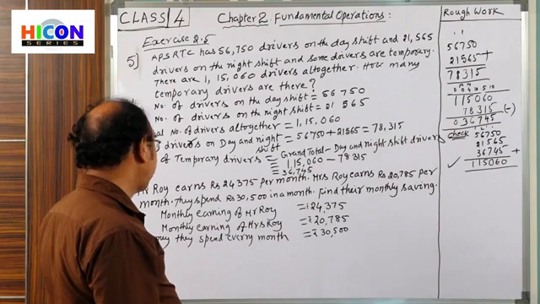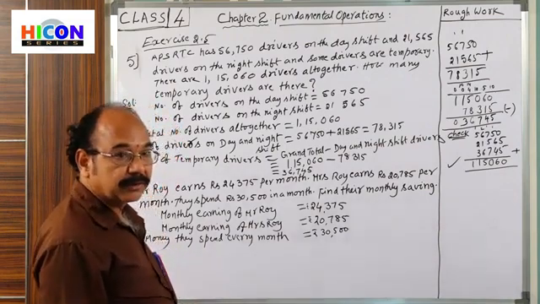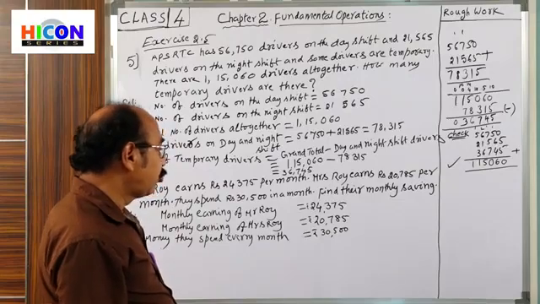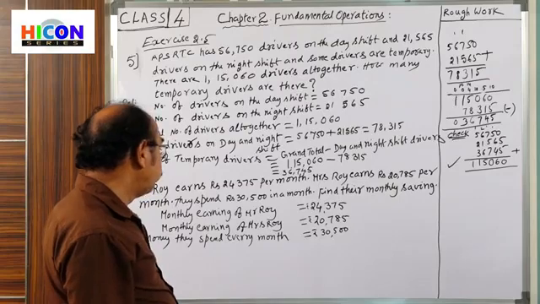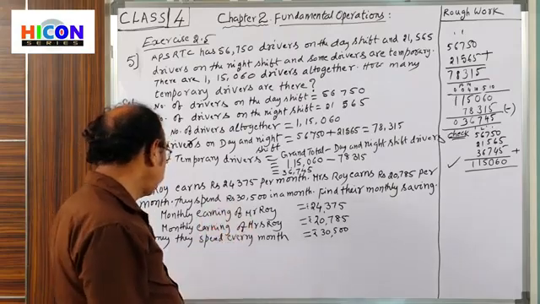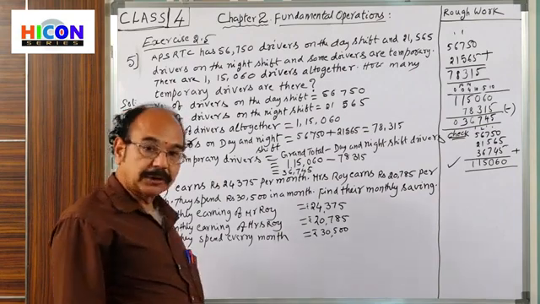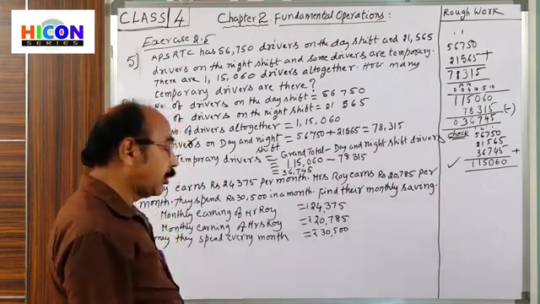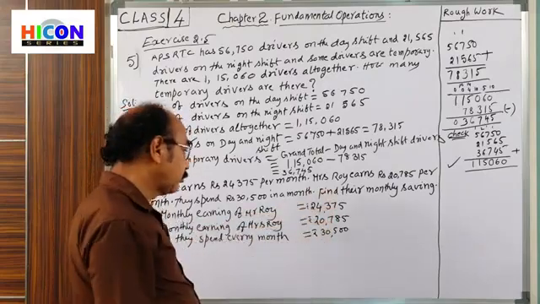Now what is required here? Monthly saving we want. So to find this, what you have to do? Mr. and Mrs. Roy's total earning is calculated. That means add these two numbers.